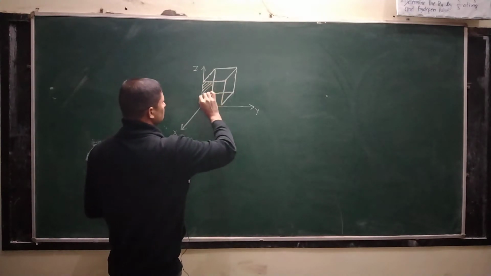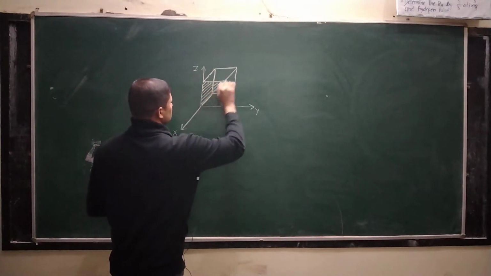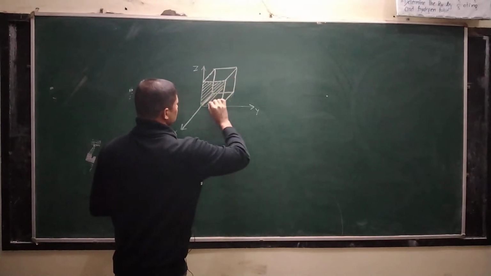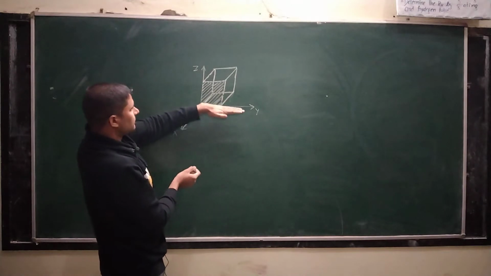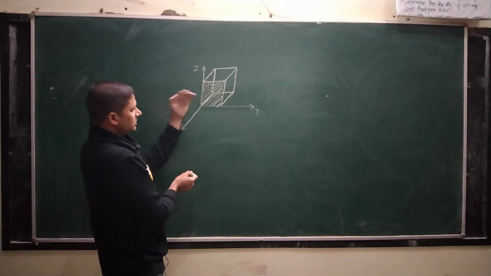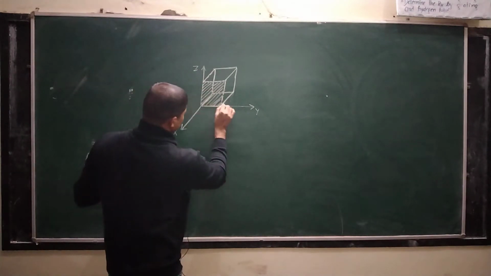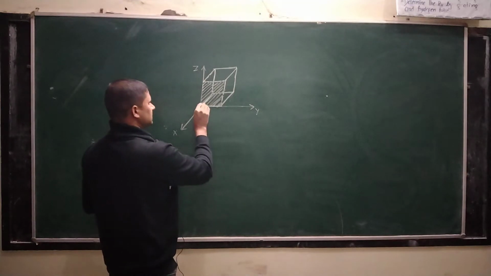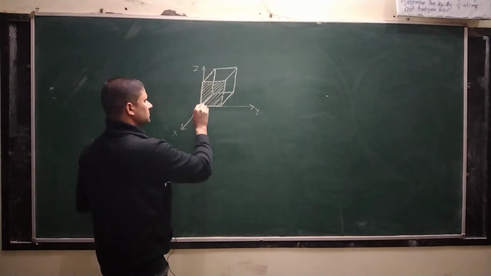Okay class, so I am making here two faces, and you are to see, this is the front face, which is, you can see, in the yz plane, and the sides are along y-axis and z-axis.